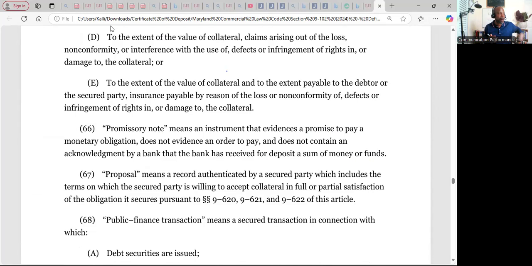And then, well, we're not going to get into it, I don't want to be repetitive, but you can do an accord and satisfaction. You could do a couple other things, but accord and satisfaction is based off of your state law, and you can look that up in law.